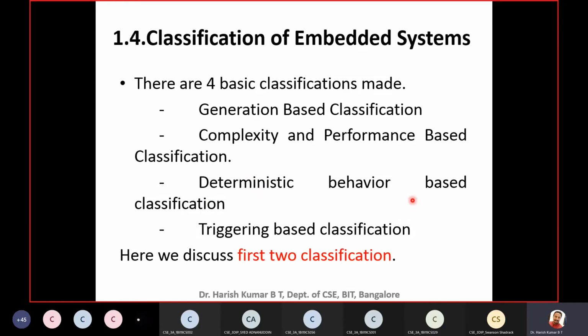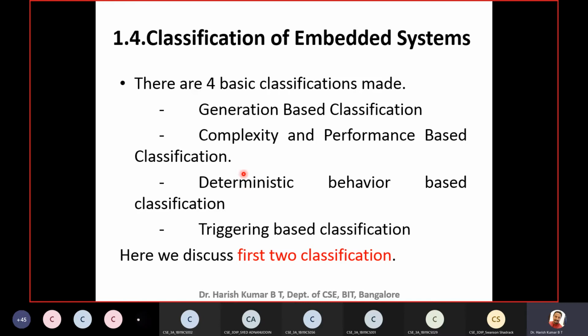deterministic behavior. Earlier, when we were discussing the differences between the general purpose computing system and the embedded system, we understood a difference with respect to execution. There I said general purpose computing systems have non-deterministic execution time, whereas for the embedded system it is deterministic.